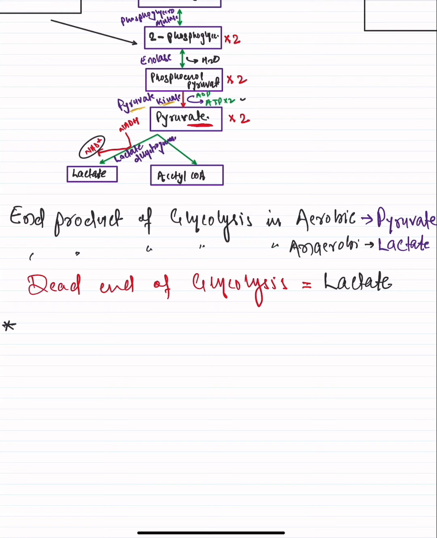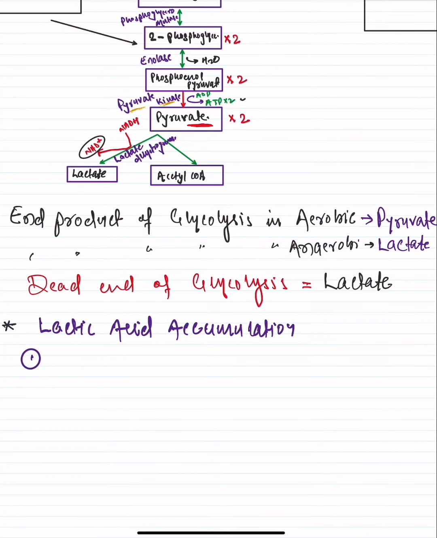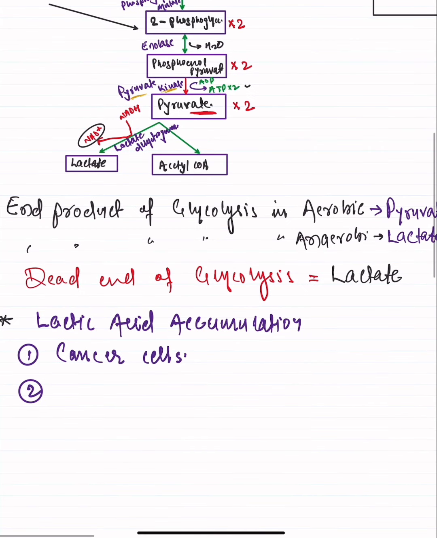Where does lactic acid accumulation occur, right? Lactic acid accumulation occurs in cancer cells, the first one. The second one is exercising muscle, right?